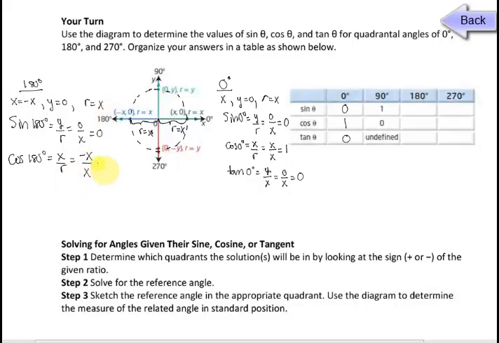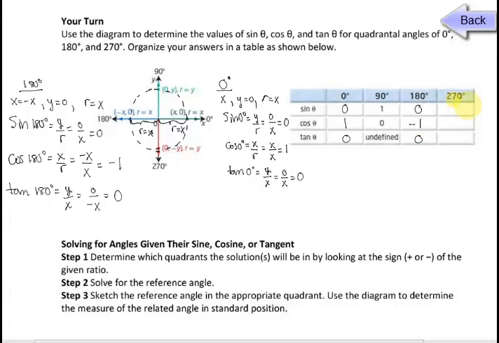R is x, and negative x over x is negative 1. And tangent of 180 degrees is y over x. Well, y is 0, x is negative x, but 0 divided by anything is 0. So we can put this on our table now. At 180 degrees, sine of 180 is 0, cos of 180 is negative 1, and tan of 180 is 0.